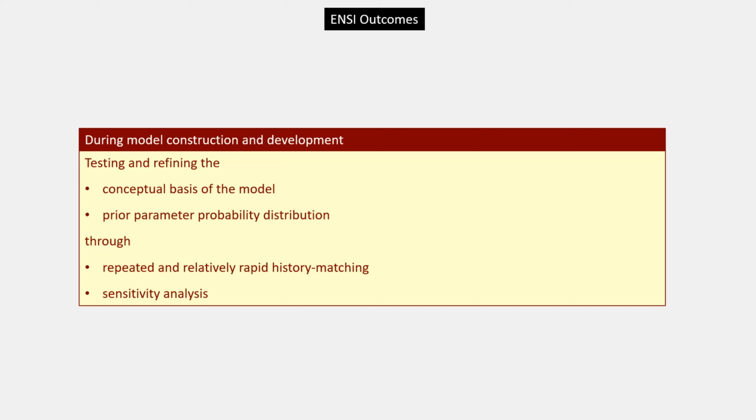During model construction and development, when history matching is all about refining the concepts on which the model is based, ensuring the integrity of the data, ensuring that the model is able to fit the data with reasonable parameter fields, repeated history matching, rapidly undertaken with ENSI, allows us to undertake that process of model refinement quite efficiently, using all the benefits that come through a calibration-based approach to model conceptual refinement and development that we talked about earlier in this video.